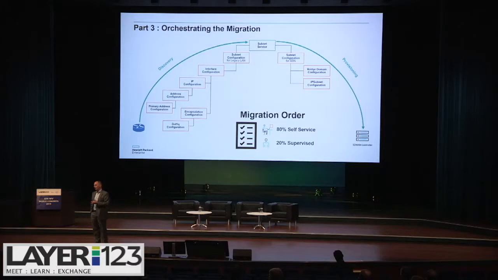Our experience so far shows that about 80% of the service orders or migration orders which we would run can be done in self-service mode. This means that assuming you have 100,000 CPEs, 80,000 CPEs will be done without touching the system.